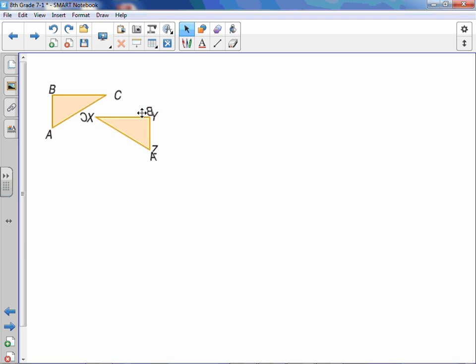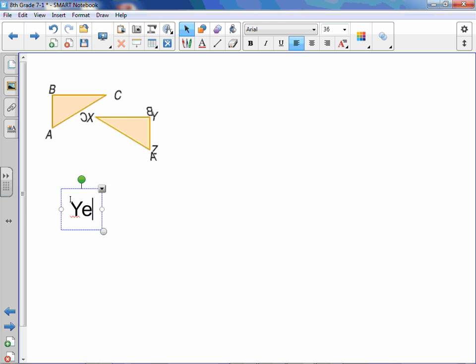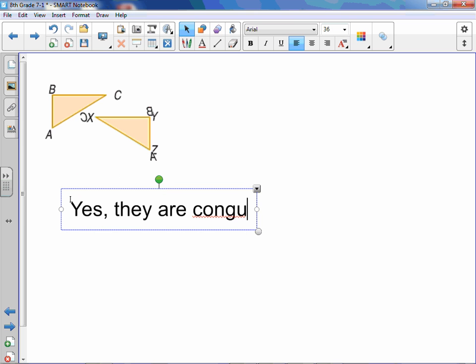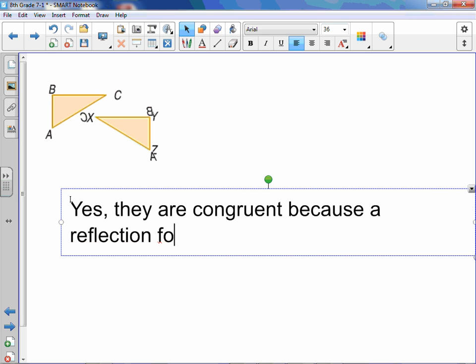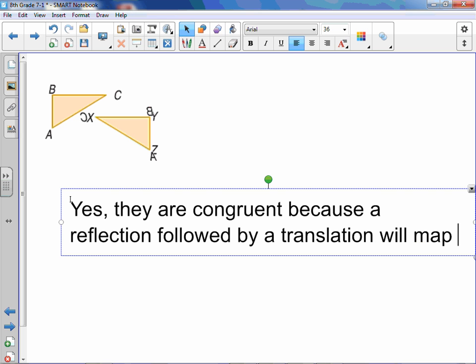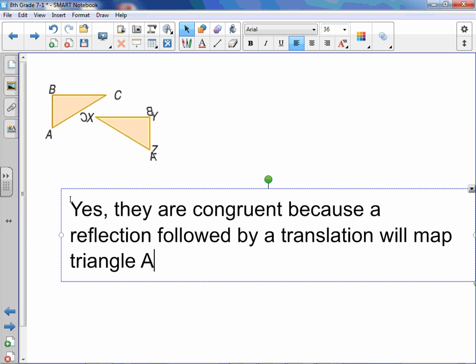And here's how we're going to write it up. Yes, they are congruent because a reflection followed by a translation will map triangle ABC to triangle.